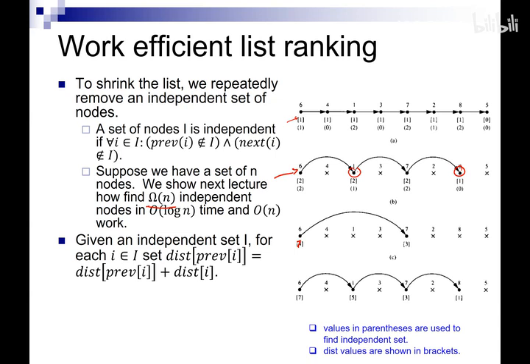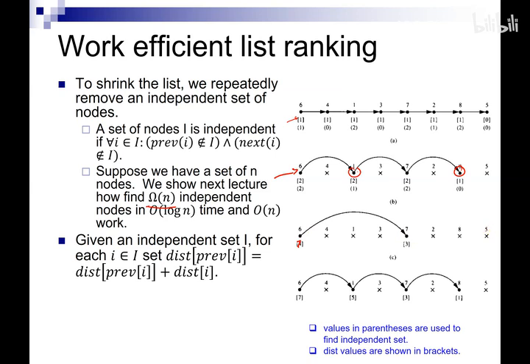We've done the pointer jumping so that we computed all of the ranks on the nodes that we're left with. And now notice that all of the nodes that we're left with actually have the correct distances. For example, this node is distance 3 away from the end, and this node is distance 7 away from the end.